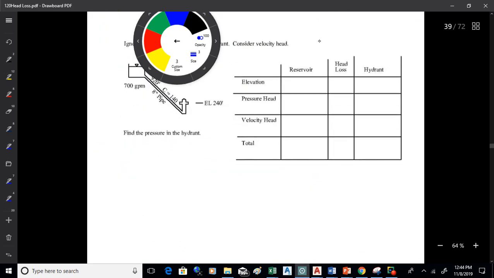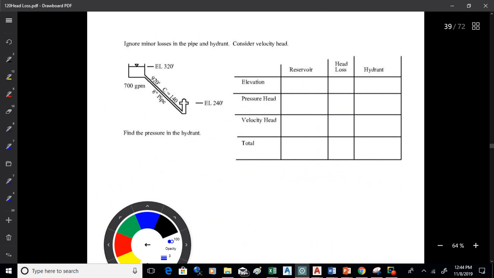Now the next one, we're going to consider velocity head on this one. So the table is going to be filled in a very similar way. It's 320 for elevation, 0 for pressure head, 0 for the velocity head, because that initial velocity is at the top of the tank, and that would be very, very low. So we could ignore that. So there'll still be 320 feet.